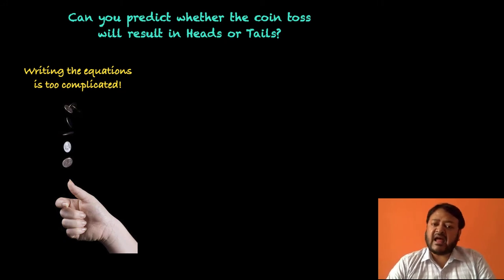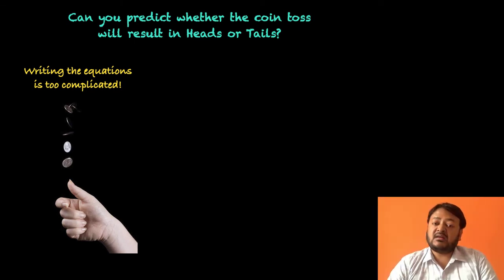Apart from lack of information about all the parameters and their values, another problem with these equations is that they are often very sensitive to initial conditions. What this means is that if you change the parameter values or the initial conditions even slightly, the output changes by a lot. And in these cases also, it becomes very difficult to solve the equations. And this comes under what is called chaos theory.